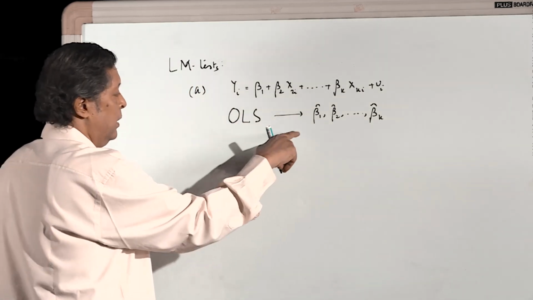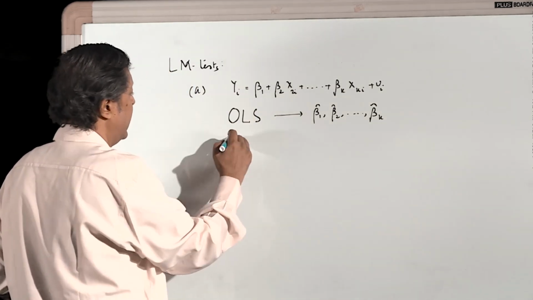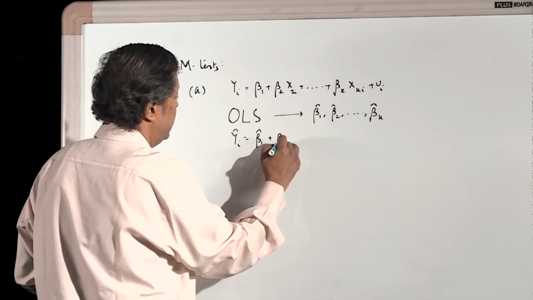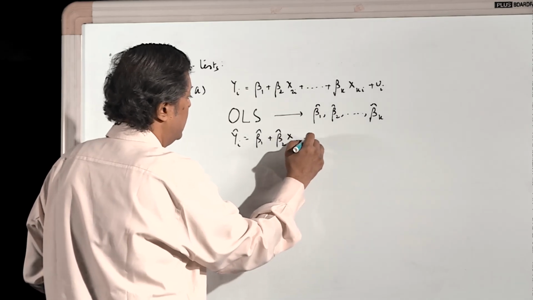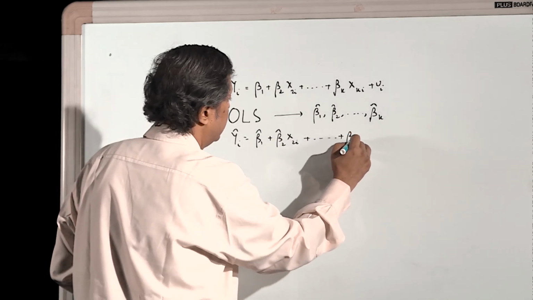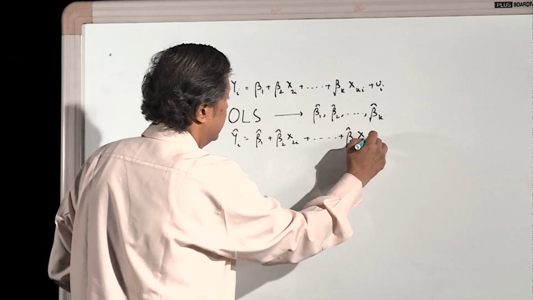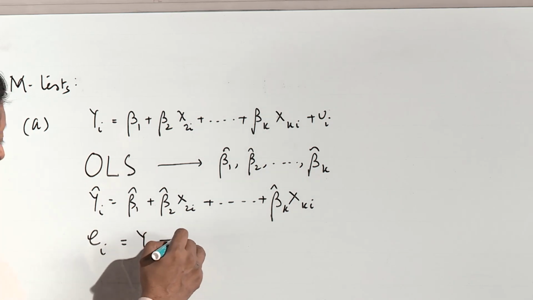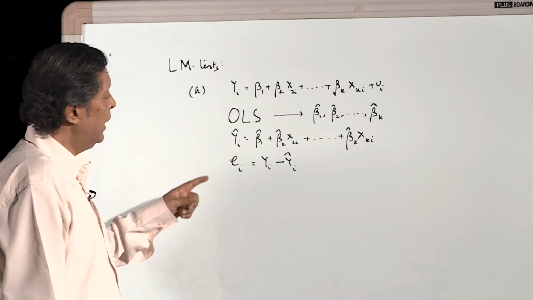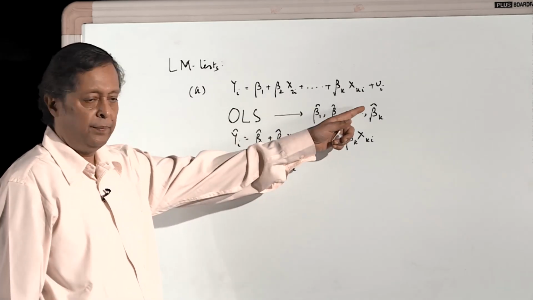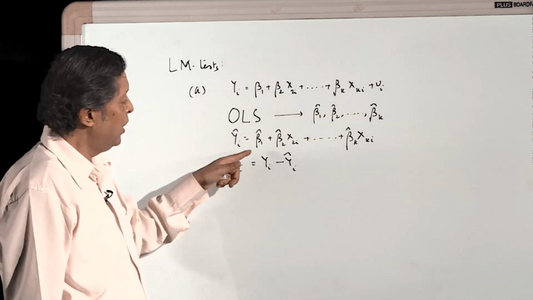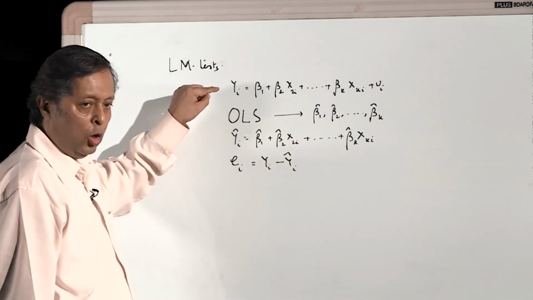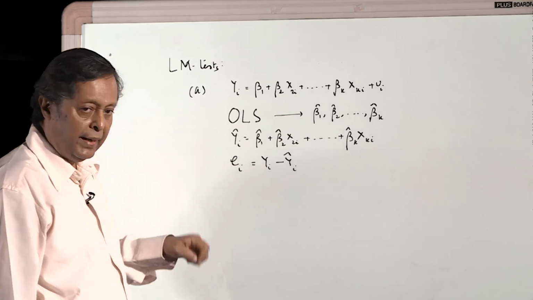When we substitute these, we have yi hat equal to beta 1 hat plus beta 2 hat x2i plus beta k hat xki, and ei is the difference between yi and yi hat. So, we apply ordinary least squares in the basic model, we find the regression coefficients, and then the difference between observed and estimated value is the error.